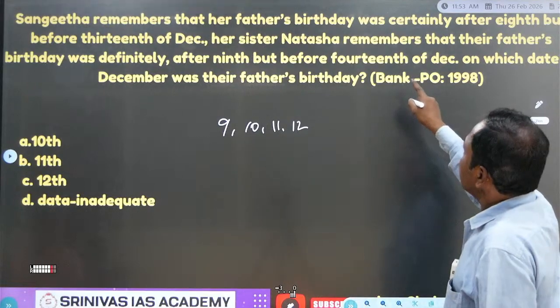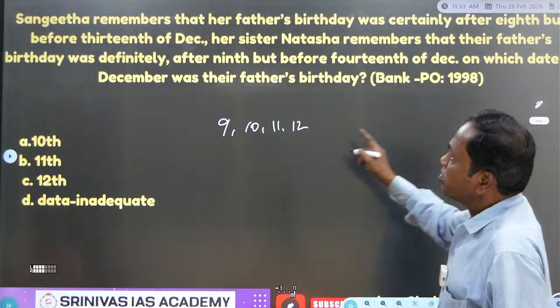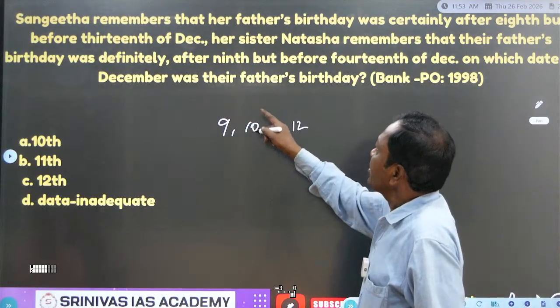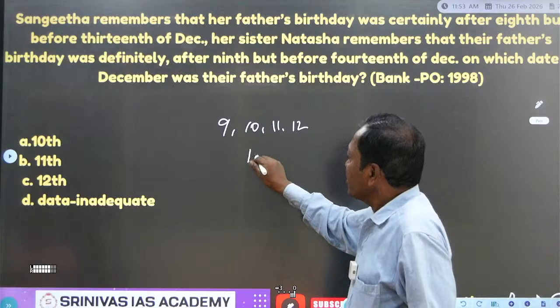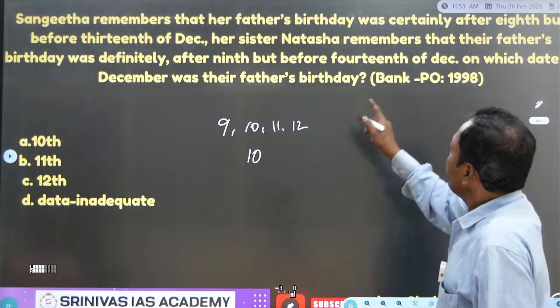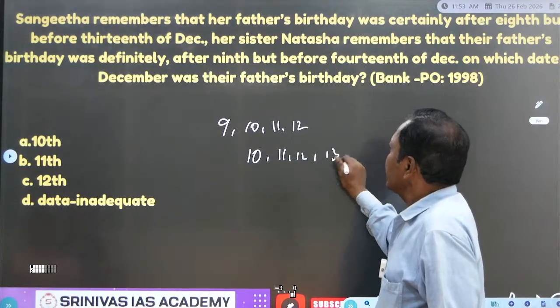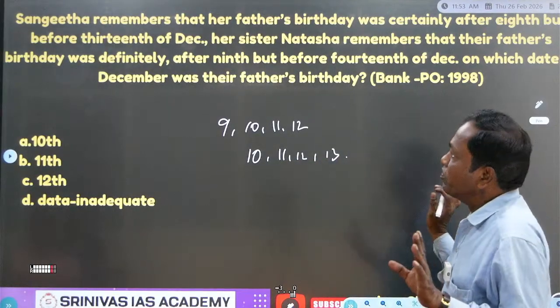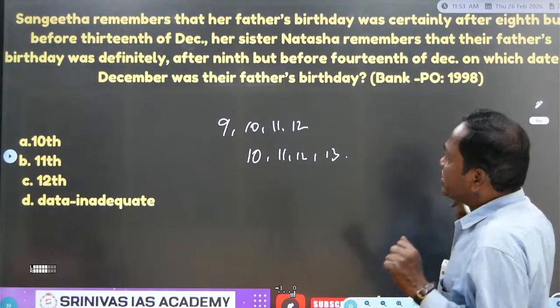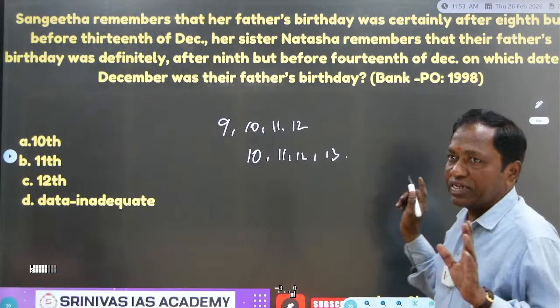Her sister Natasha remembers that their father's birthday was definitely after 9th. After 9th means 10, okay. But before 14th of the month: 11, 12 and 13. This is the information. On which date of December was their father's birthday?